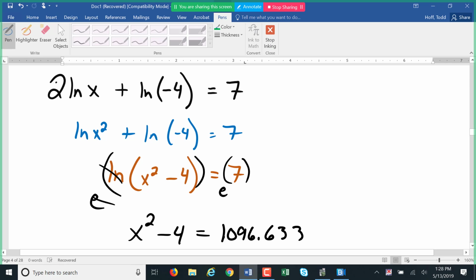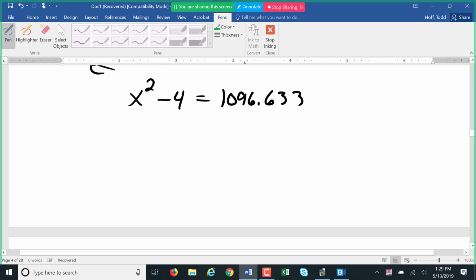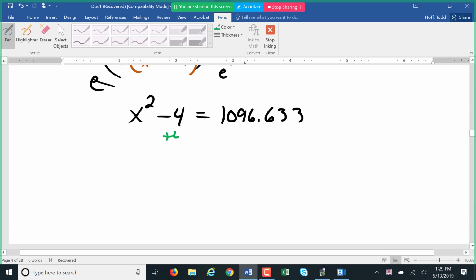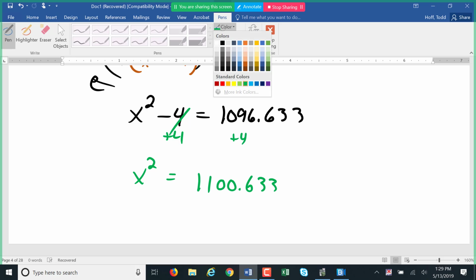And now we just solve for x. So we're going to add the 4. X squared equals 1100.633, or sorry, not 2000, 1100.633.